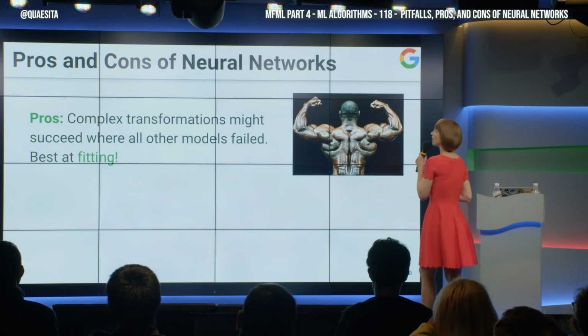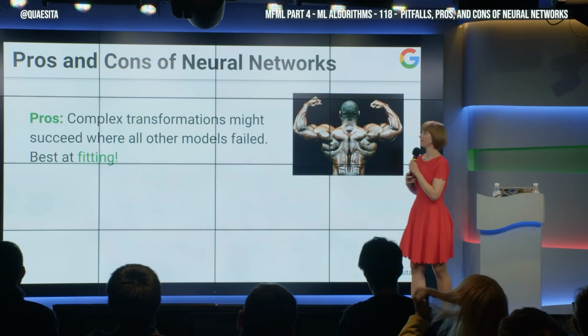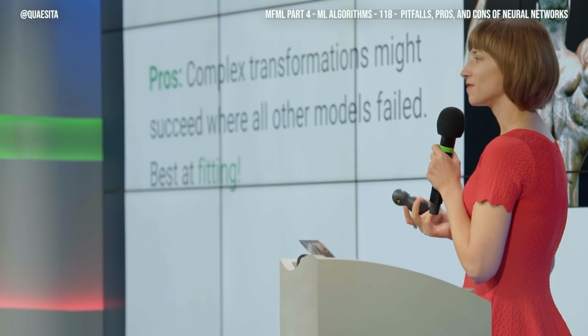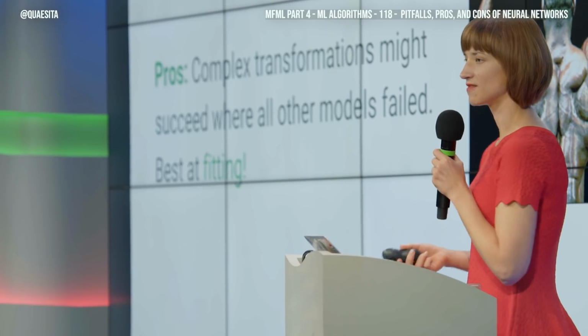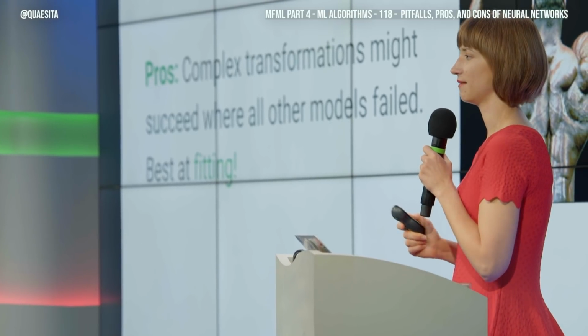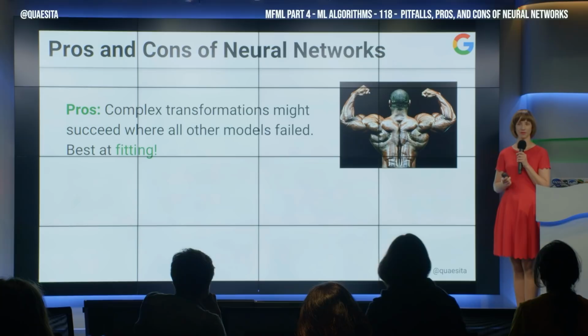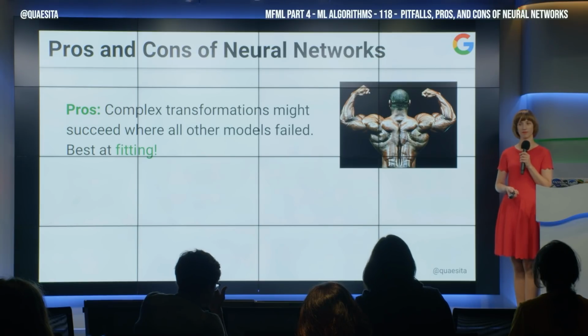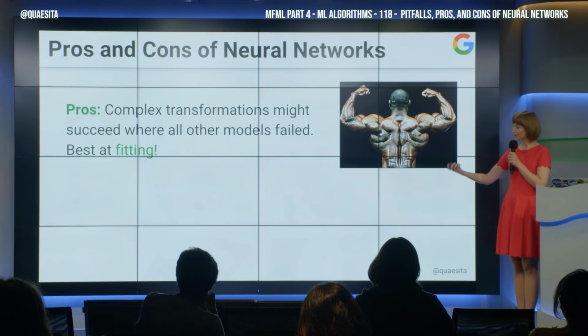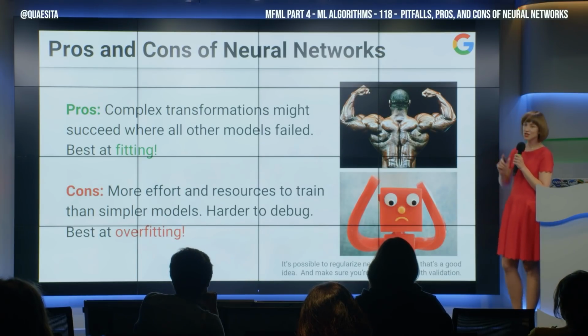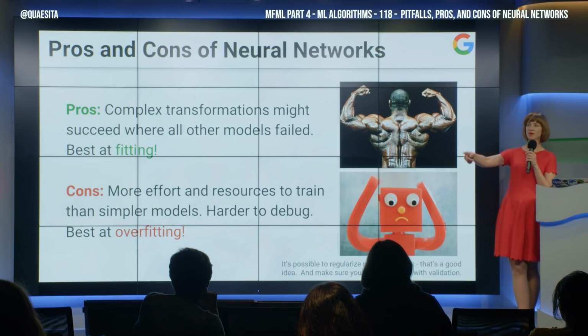Okay, so the pros and cons of neural networks. The pros are that these complex transformations have so much flexibility that if everything else has failed, these still might succeed. They are best at fitting. So what's the con? What's best at fitting is also best at overfitting, exactly. And not just that. Remember the limbo, the overfitting limbo that you can get stuck in?